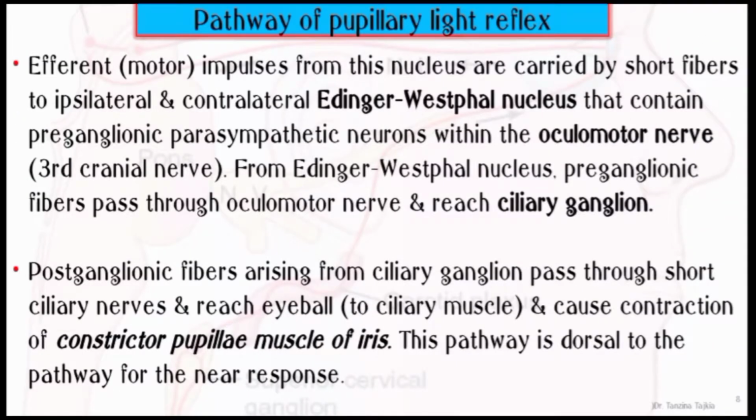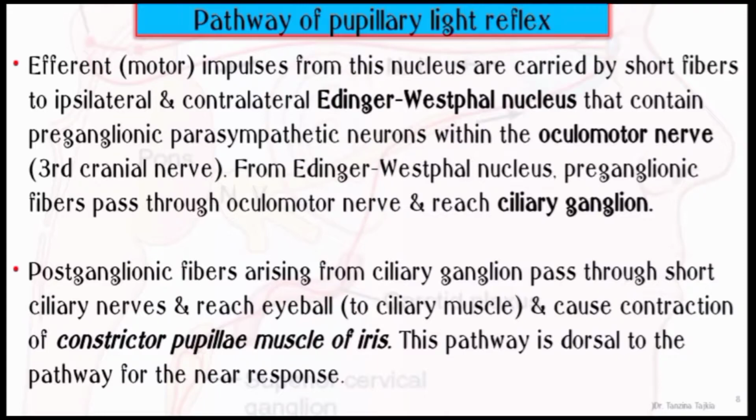Efferent impulses from this nucleus are carried by short fibers to the ipsilateral and contralateral Edinger-Westphal nucleus, which contains preganglionic parasympathetic neurons within the oculomotor nerve, the third cranial nerve. From the Edinger-Westphal nucleus, preganglionic fibers pass through the oculomotor nerve and reach the ciliary ganglion.